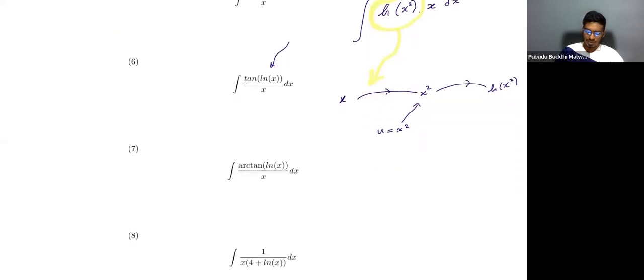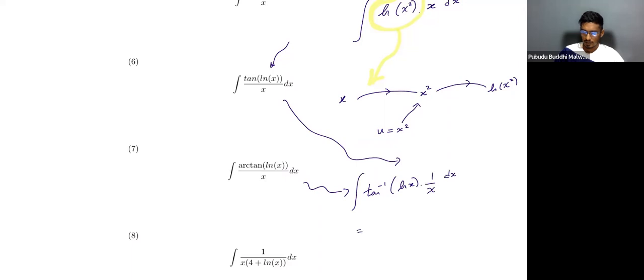Similarly, same idea, I think you can complete these two also, very similar. In this case, tan inverse of natural log of x, arctan, times 1 over x dx.